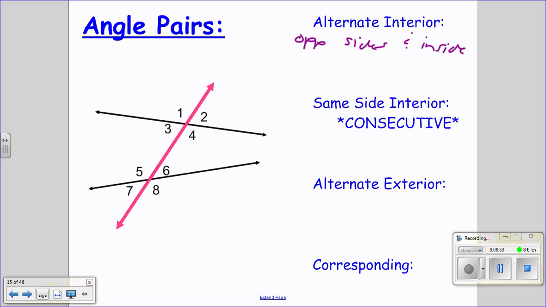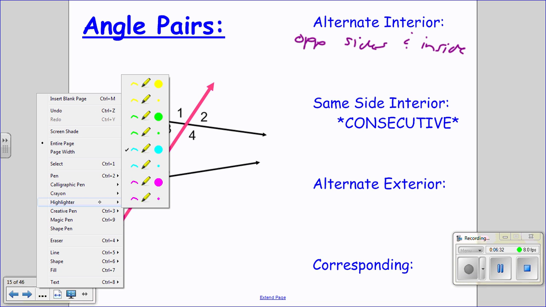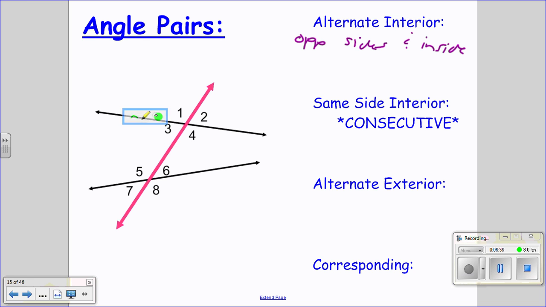So again, I'm going to highlight what the interior portion is. I hope I use the right color, but if I don't, that's fine. So everything I just highlighted in green is considered interior.